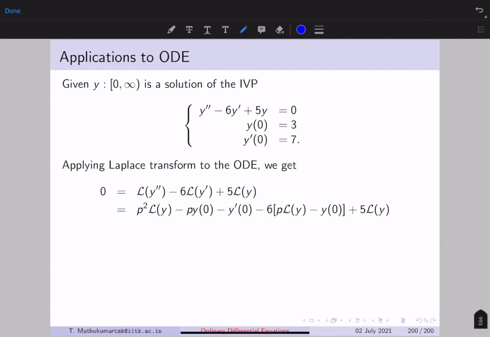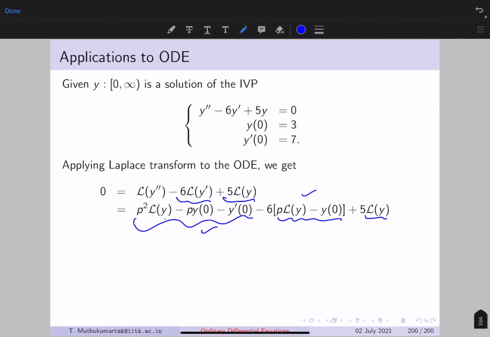It is precisely these first three terms: p square L of y minus p times y of 0 minus y prime of 0, and then minus 6 times (p L of y minus y of 0), and 5 times this. Both these are from the results that we have already shown during this lecture.